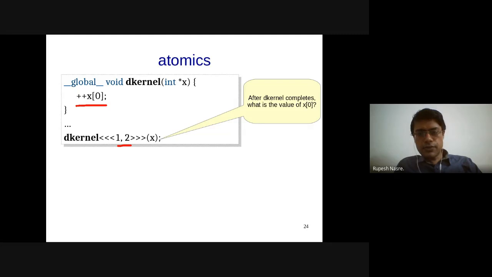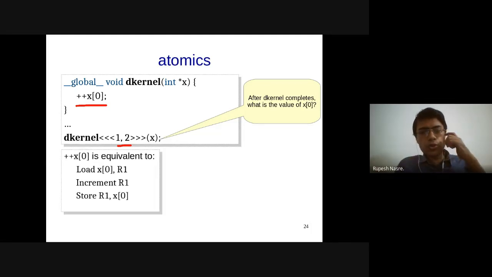Venkat says x of 0 plus 1, x of 0 plus 2, 1 or 2. So all of you have indicated that there is some sort of non-determinism which might happen. There are 2 threads executing plus plus x of 0, and they are reading from and writing to the same memory location x of 0. That can cause an issue with respect to the thread interleaving.